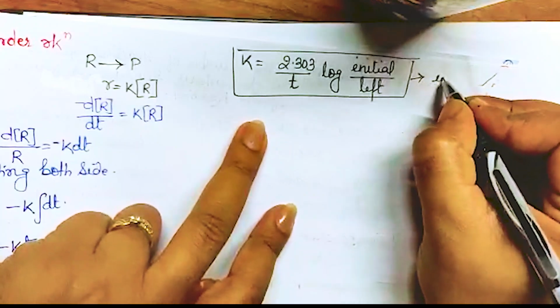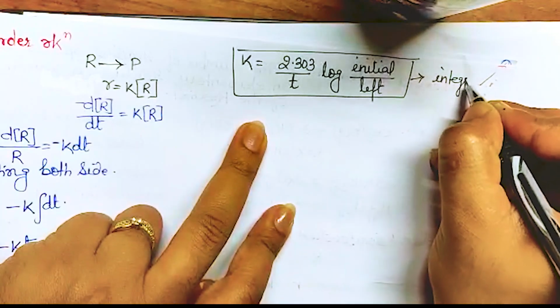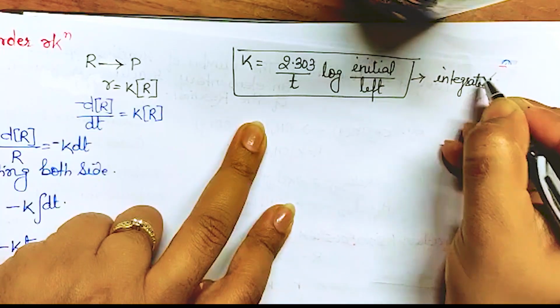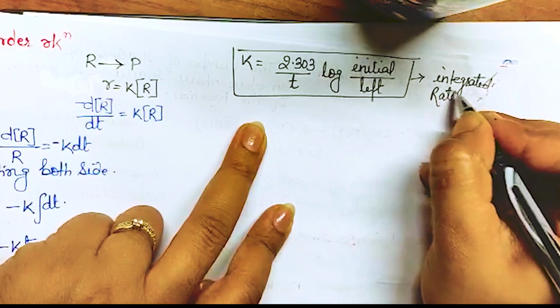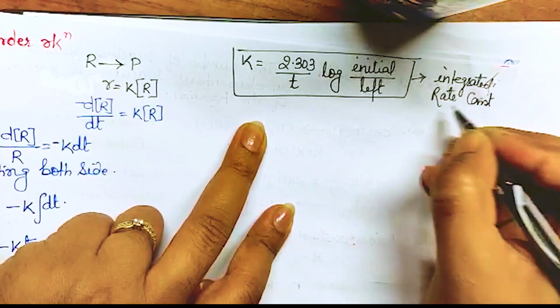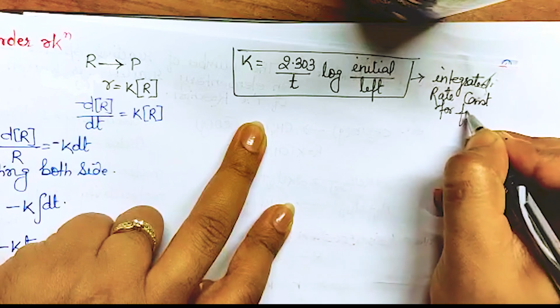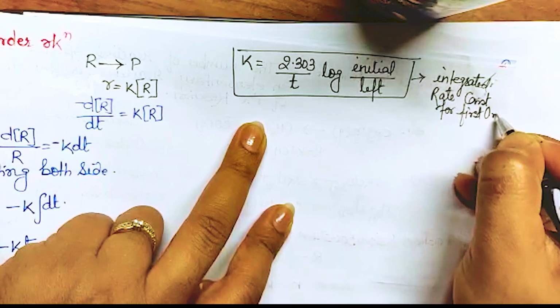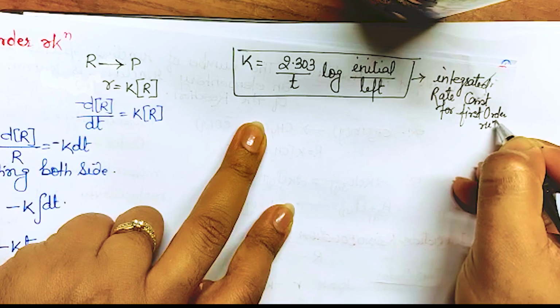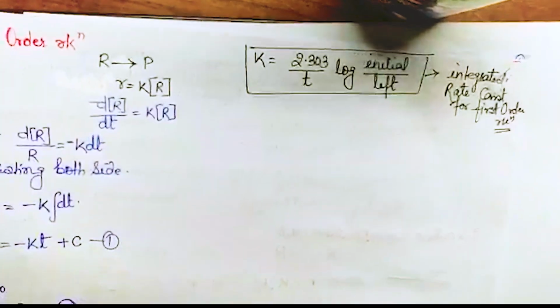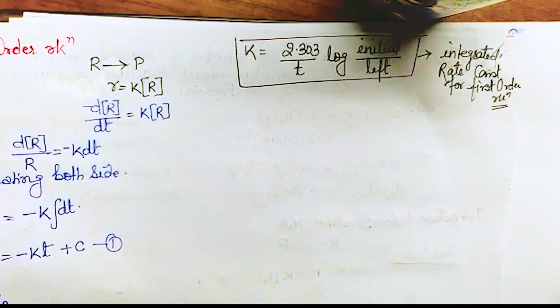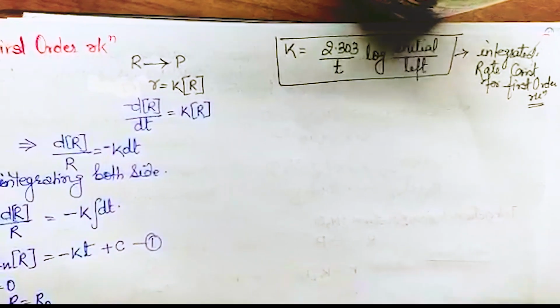So this is called integrated rate constant for first order reaction. Okay dear, got it?